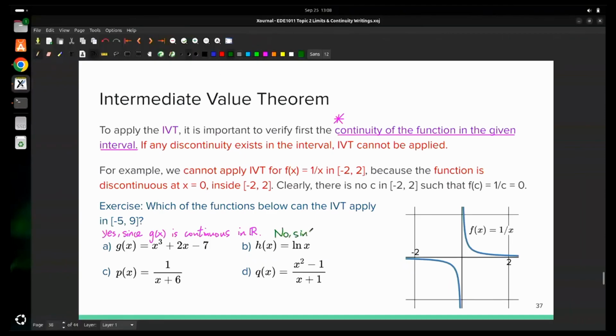Since H is not defined. Because it is not defined for the negative values and 0 values of x, for x less than or equal to 0. So it cannot be continuous from minus 5 onward.